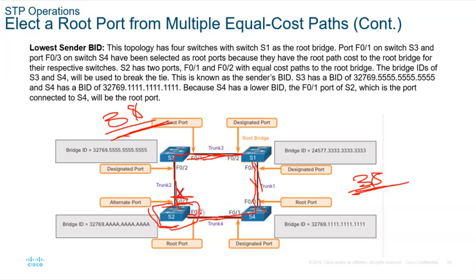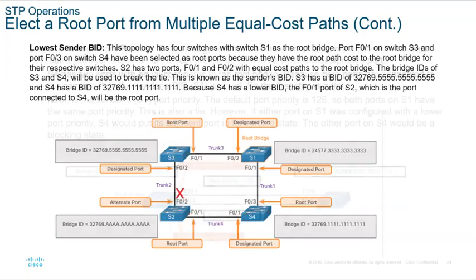Here we have the 1, and here we have a 2. So a 2 has to be blocked. If I use switch 2 or this one here, the 2 is higher than this 1. So the lowest sender's port ID, which is this, is the one to be considered, and then this is going to be blocked.